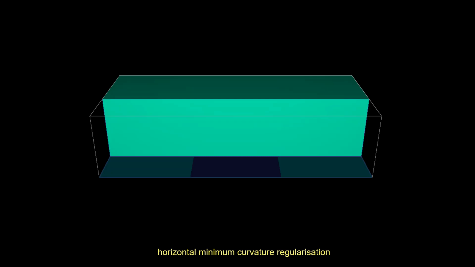Now I'm going to present another sequence of slides where I solve the inverse problem again using Tikhonov regularization, but in this case my T matrix has horizontal minimum curvature constraints and not a vertical minimum curvature constraint. So same data, same level of fit, same process of putting more and more weight on the data and deviating more and more from the preferred condition of parameter homogeneity, but in this case the Tikhonov constraints are different.